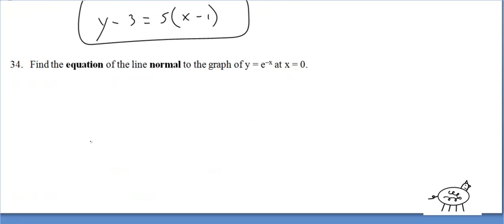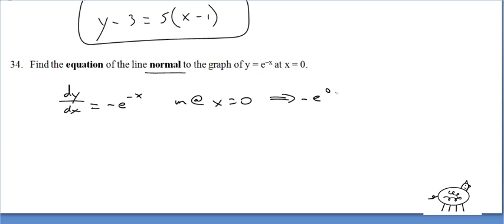Find the equation of the normal line, the line normal to the graph y equals e to the negative x at x equals 0. So of course dy dx, that's an easy one, of e to the negative x is negative e to the negative x, using the chain rule. And so your slope at x equals 0 is going to be negative e to the 0 power.